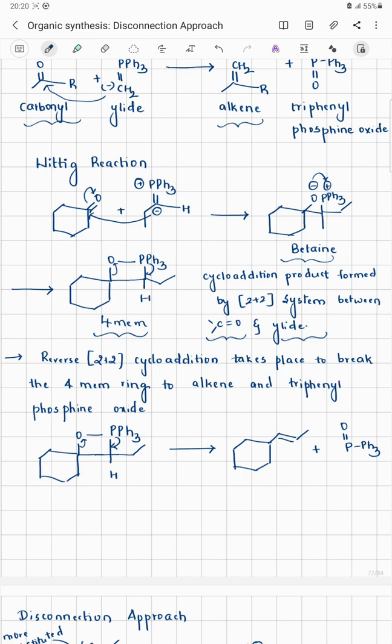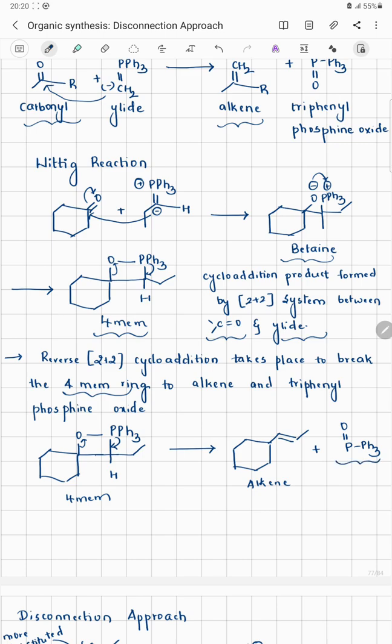If I do a reverse 2+2 cycloaddition to this particular system, that means if I try to do a reverse 2+2 on this 4-membered ring, I will be able to get an alkene system and I will be able to get triphenyl phosphine oxide as my byproduct.